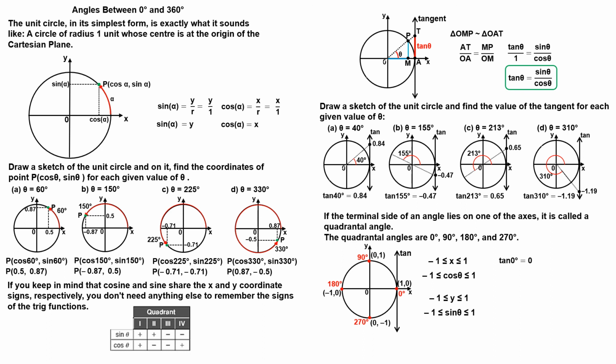The second quadrantal angle is 90 degrees. The tangent of 90 degrees is the sine of 90 degrees divided by the cosine of 90 degrees. 1 divided by 0 does not exist. Therefore, the tangent of 90 degrees is undefined.